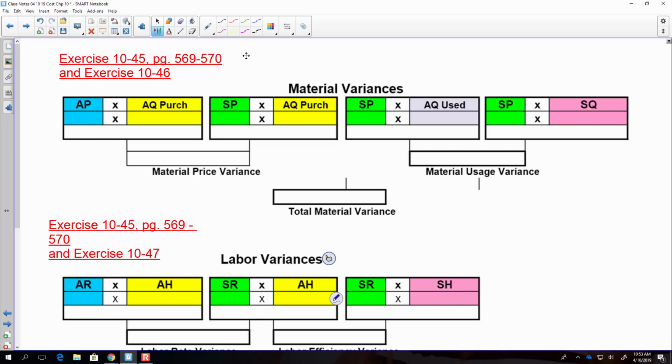Let's try problem 45. It's on page 569, 570. You can take any one of the templates, they're all the same. So here we have a manufacturer making leather belts.